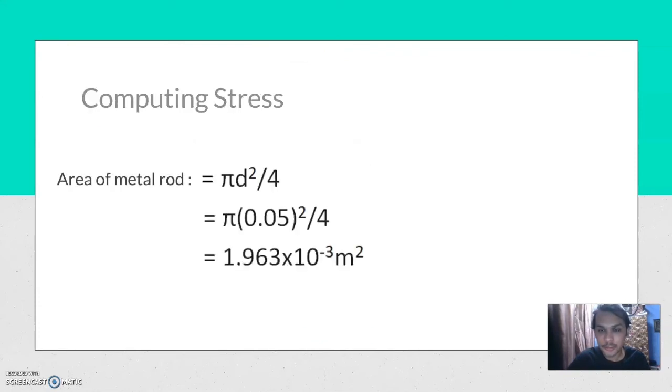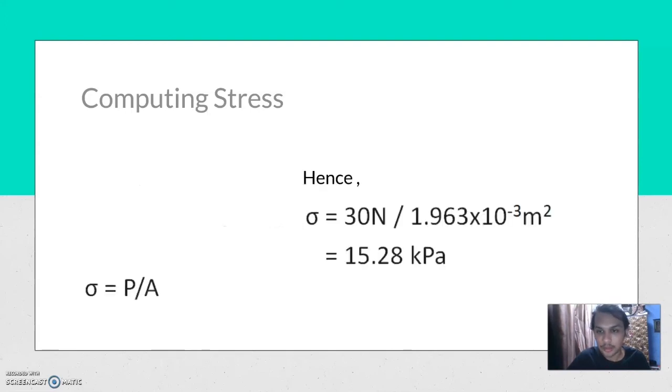So the first part in computing stress, first of all we need to compute the area of the metal rod by using the equation pi d squared over 4, which gives a value of 1.963 times 10 to the power of negative 3 meters squared. The next part is computing the total force involved in this system.